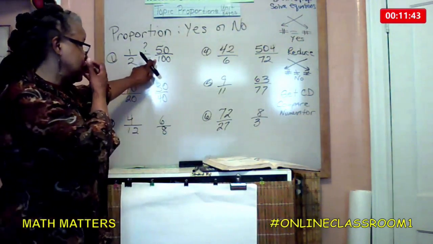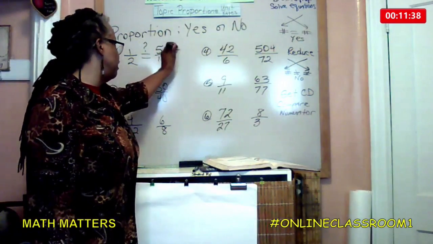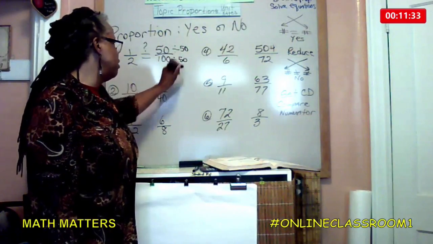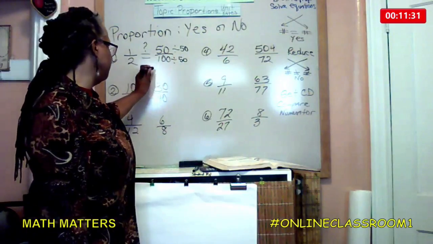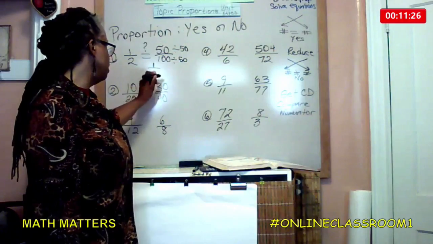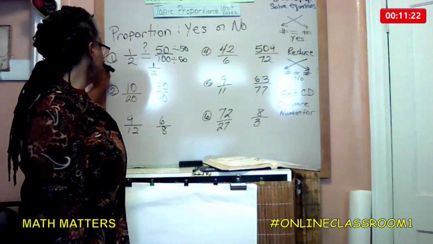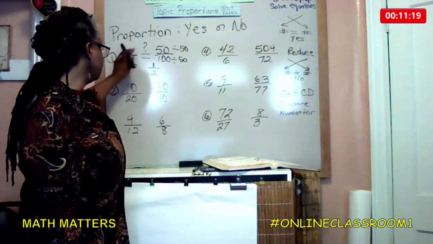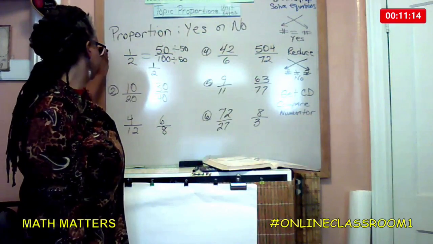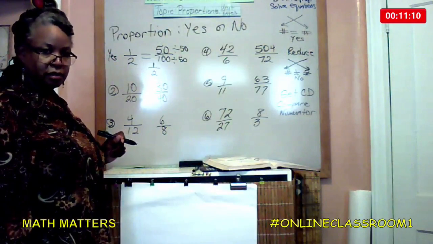If I divide 50 by 50 and 100 by 50, I get 1/2. When I compare 1/2 to 1/2, the answer is yes. They are proportional because they are equal. So number 1, the answer is yes.